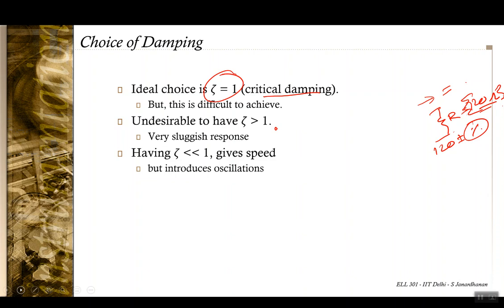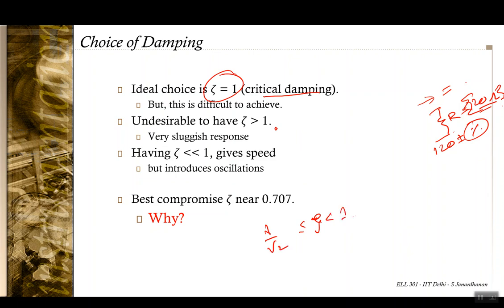The response time advantage is not there at all. So the suggestion is that you get zeta to be between 1 by root 2 and 1. Somewhere in this range you have zeta.